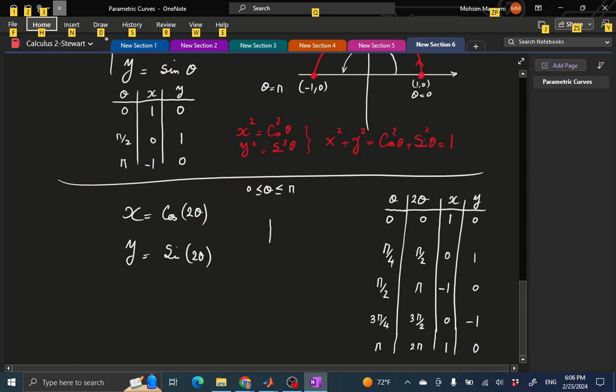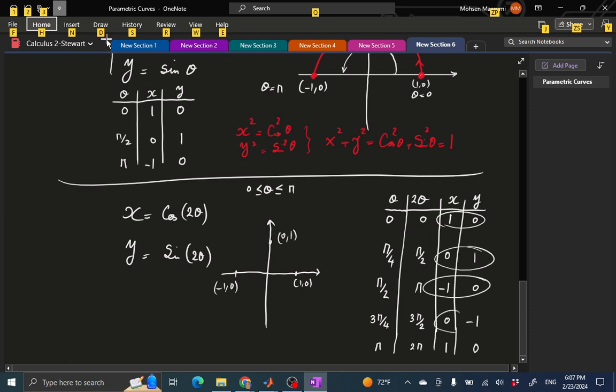If I graph them, what do I get? The first one is 1, 0, let's say this is 1, 0. Then 0, 1, here is say 0, 1. Next is minus 1, 0, so I have come to minus 1, 0.